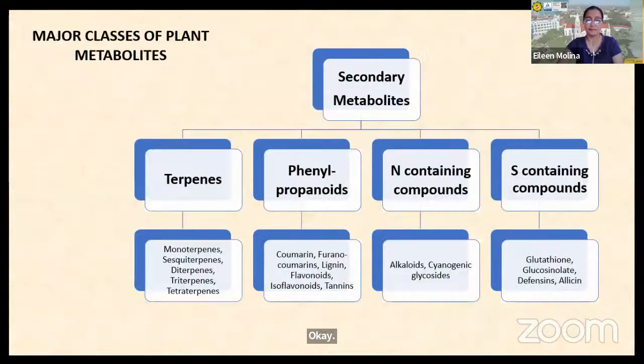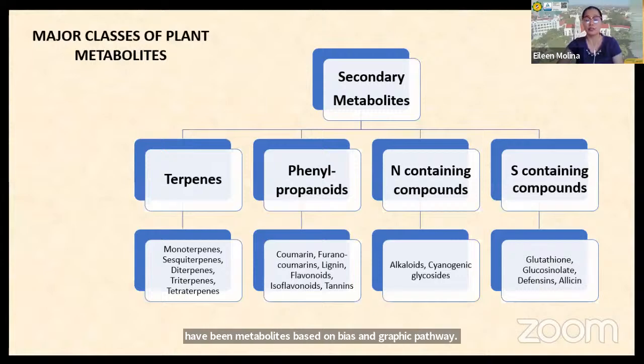Next slide. Okay, so we look into the different classes of plant metabolites. There are three major classes of plant metabolites based on biosynthetic pathway, and I have included in here the sulfur-containing compounds. The major classes would include the terpenes, and of course some steroids under that, which are composed mainly of carbon and hydrogen.